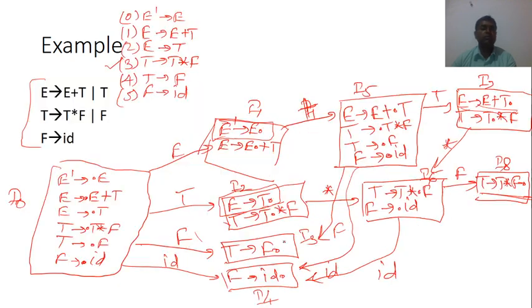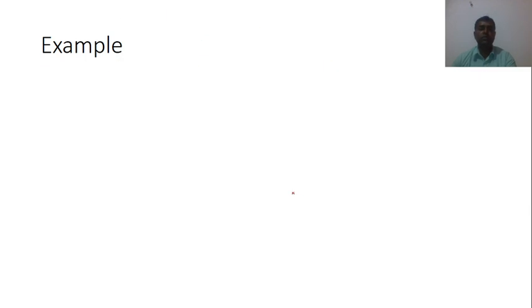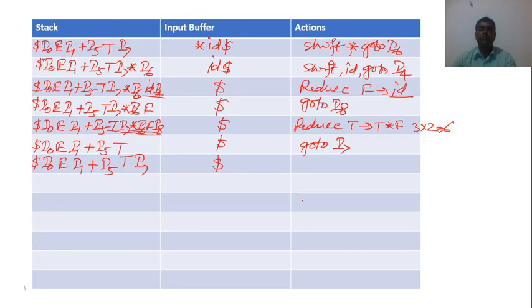That means reduced by the first production. What is our first production? E rises to E + T. So reduced by E rises to E + T.